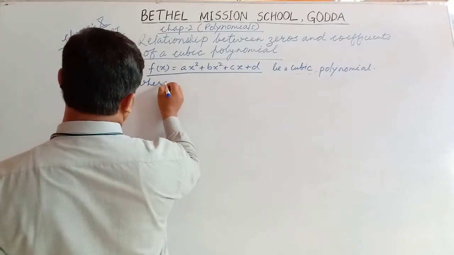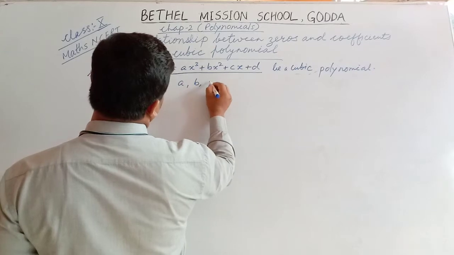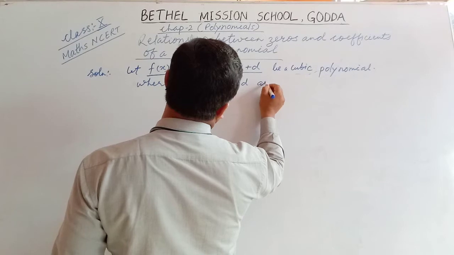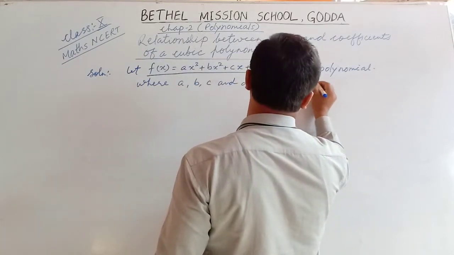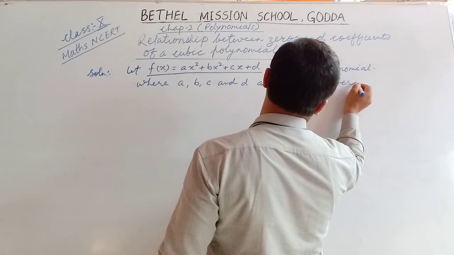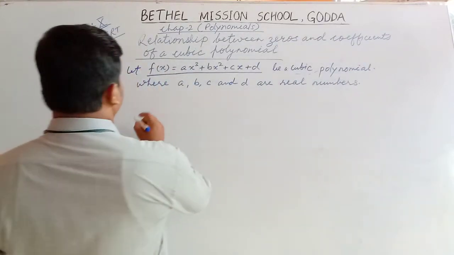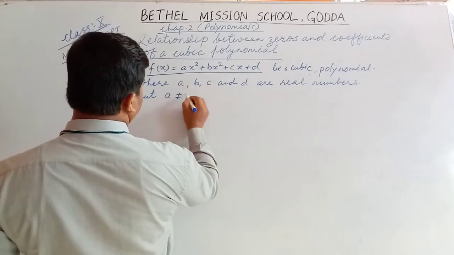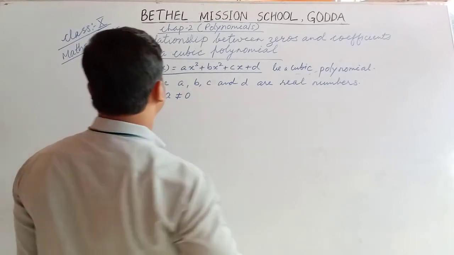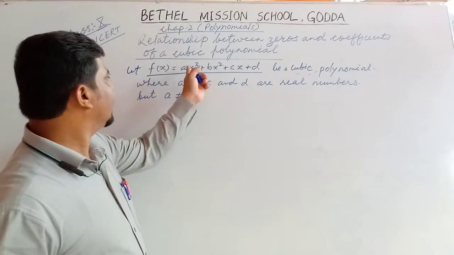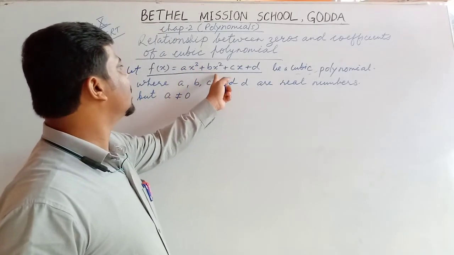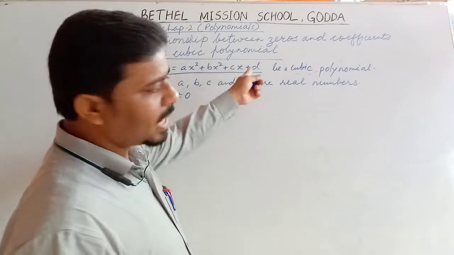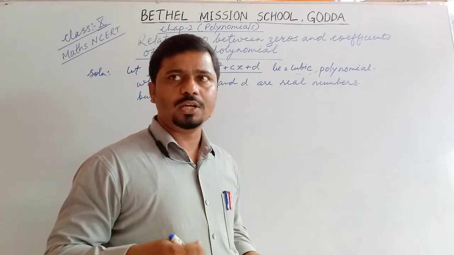Where a, b, c and d are real numbers, but a is not equal to 0, because if a is 0, then this will be bx square plus cx plus d, and at that time we will get a quadratic polynomial, not a cubic polynomial.